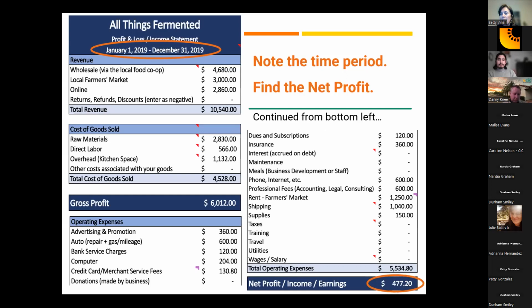And there we have the $477.20. So that is how these 2 documents tie together. Your profit, income or loss at the bottom of your P&L should be the same number that you find in the equity section for the profit on that specific date.